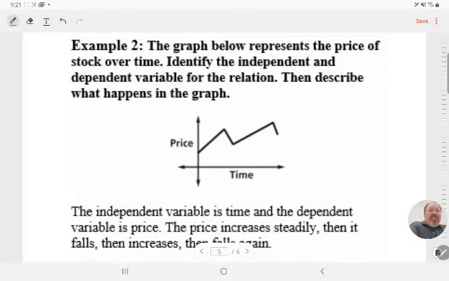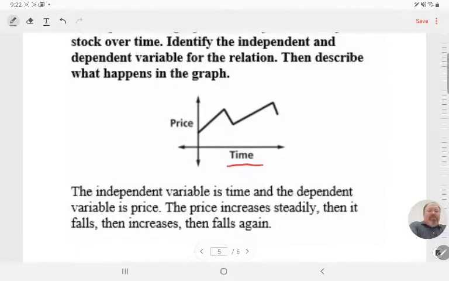The graph below represents the price of stock over time. Identify the independent and dependent variable for the relation. Then describe what happens in the graph. So the independent variable is time, okay? Because the price is dependent upon the time, okay?